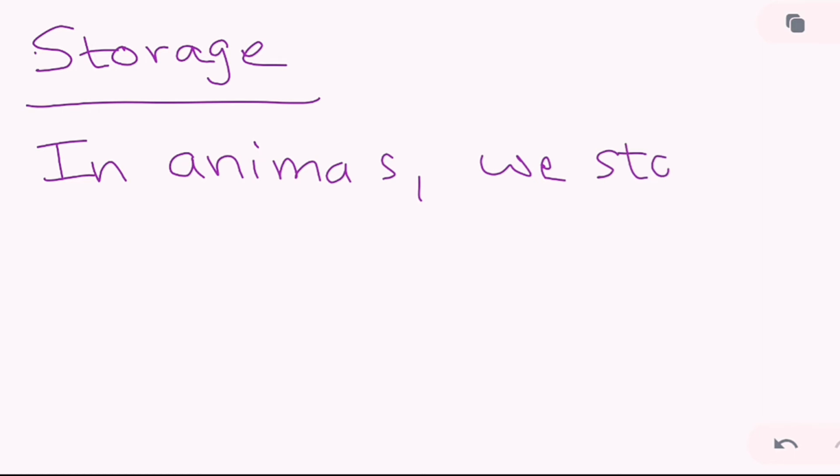Now we're going to talk about storage. Animals, humans and plants store carbohydrates. In animals, we store them in the form of glycogen.